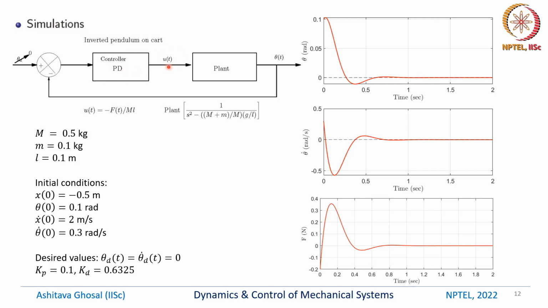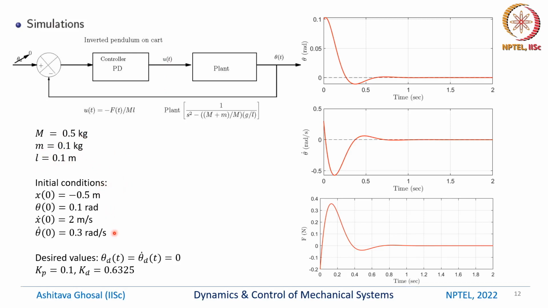The output of the controller is u(t). In our case, u(t) is minus f(t) divided by m L. And we want theta desired to be 0. So we measure theta, we feed it back, and then we put it into the controller, and the output is u(t). For simulations, we have chosen M equals 0.5 kg, small m is 0.1 kg, and L is 0.1 meters.